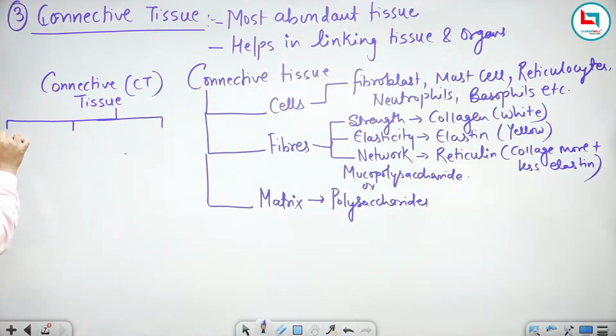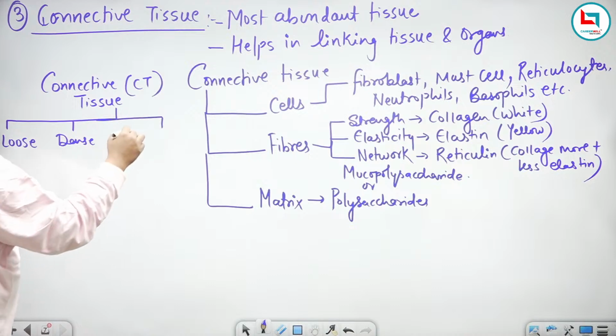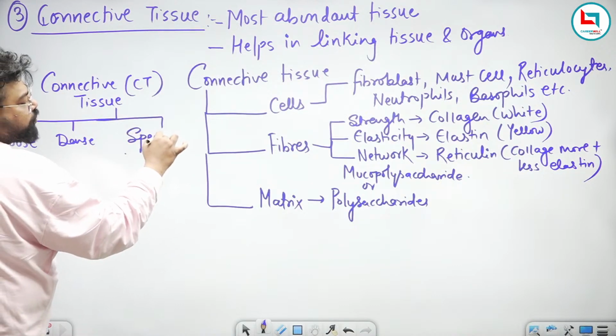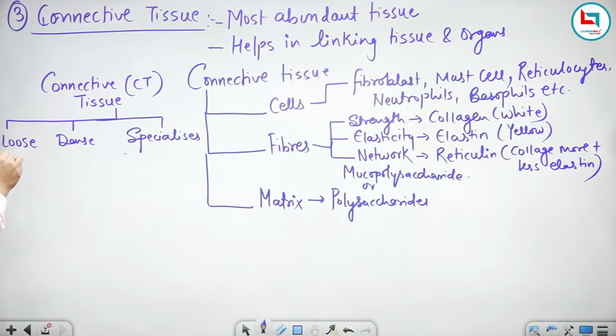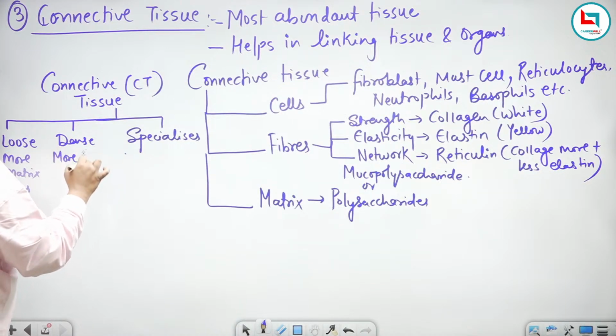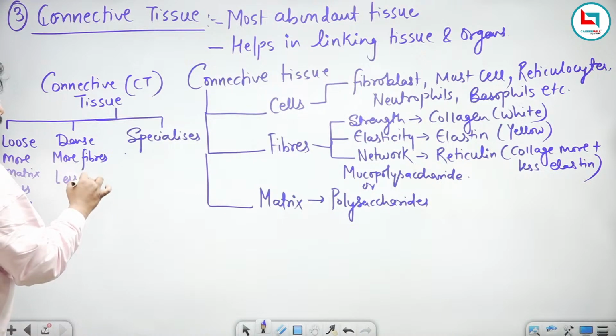One is loose connective tissue, another is dense connective tissue, and third is specialized connective tissue. Loose connective tissue means more matrix, less fiber. Dense connective tissue means more fiber, less matrix.